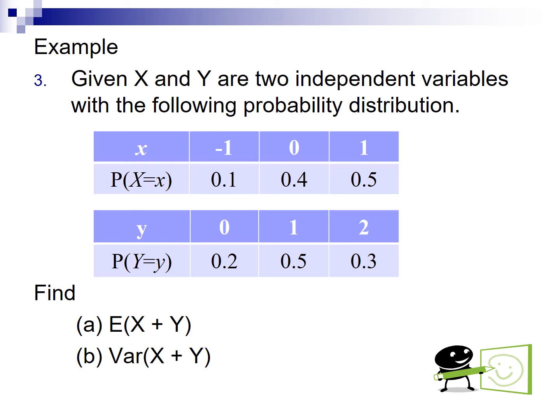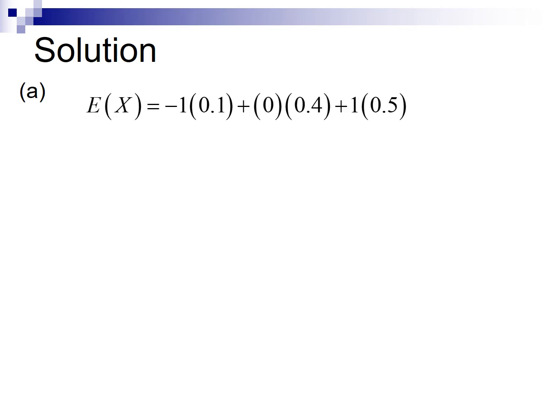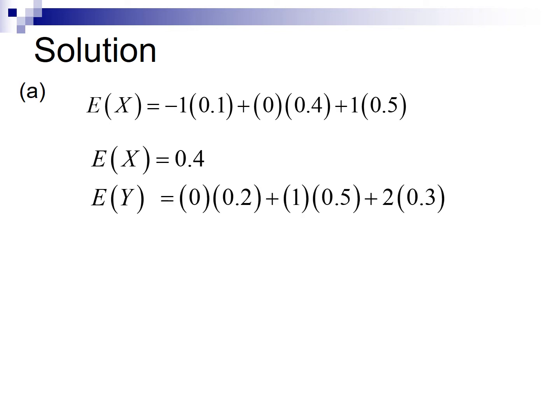You need to find the variance of x and the variance of y. So find first the expected value of x, which is 0.4. The expected value of y, which is 1.1.